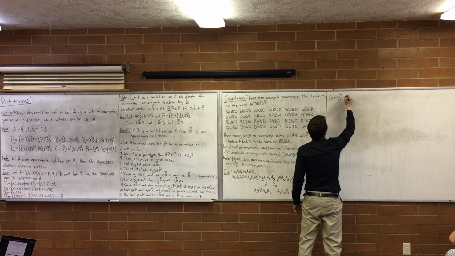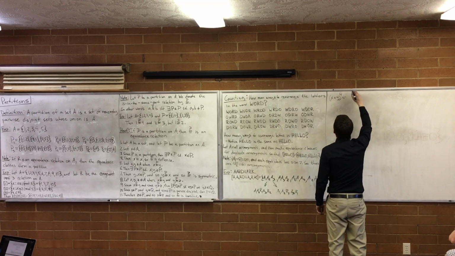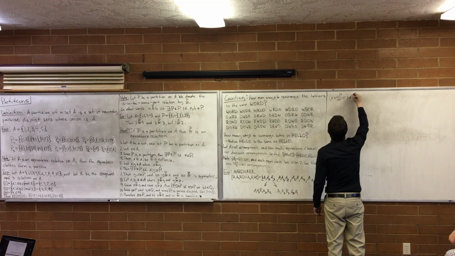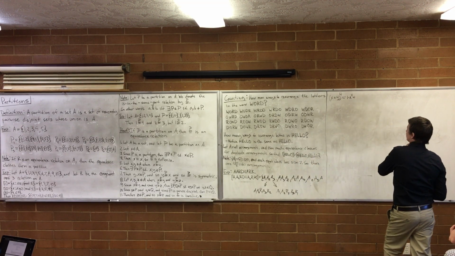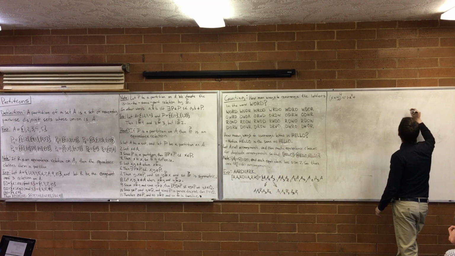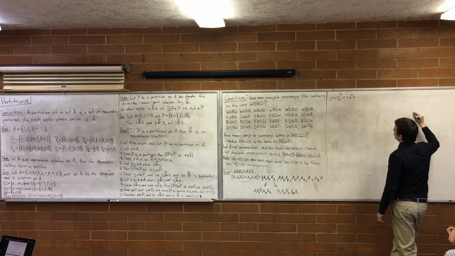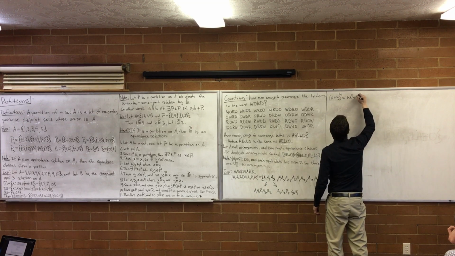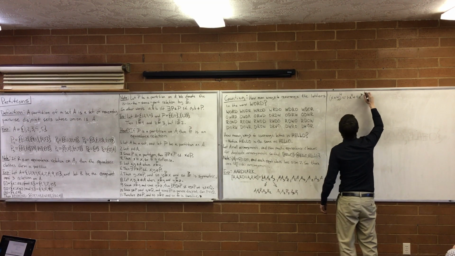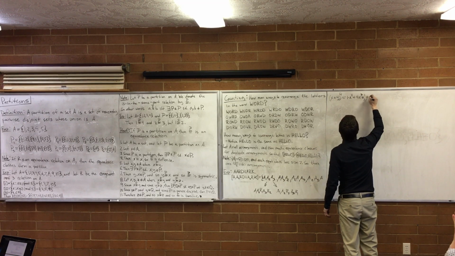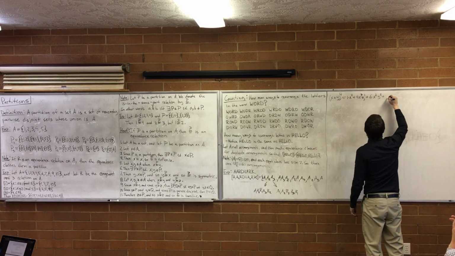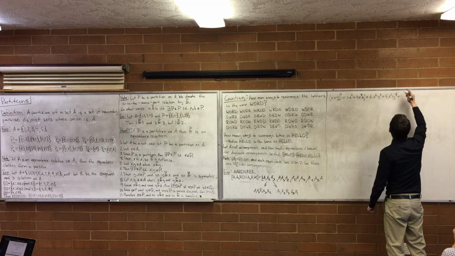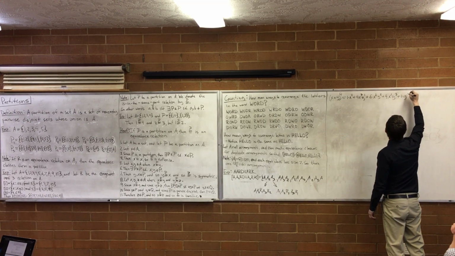Like to the 4. And so this is going to be something like 1 times x to the 4 plus 4x cubed y to the 1 plus 6x squared y squared plus 4x to the 1 y to the 3 plus 1 y to the 4.